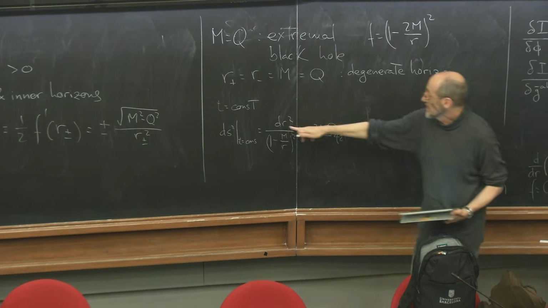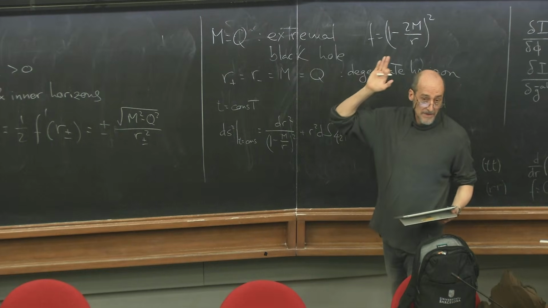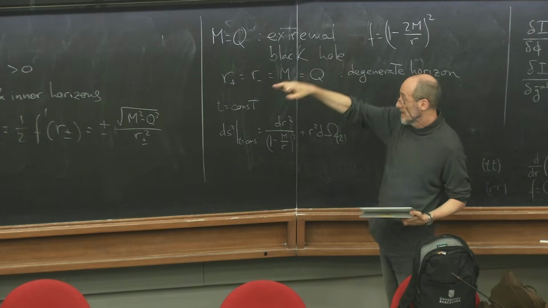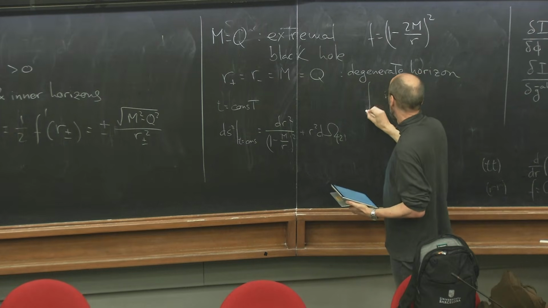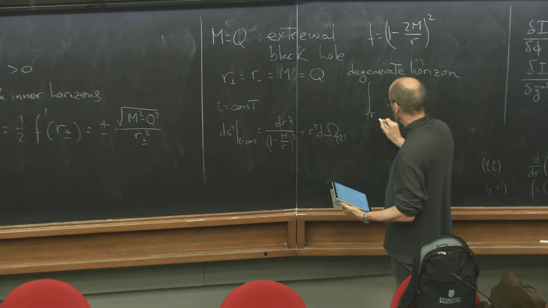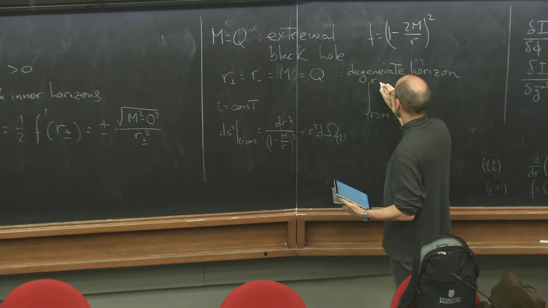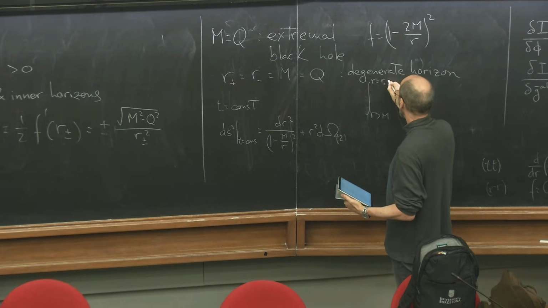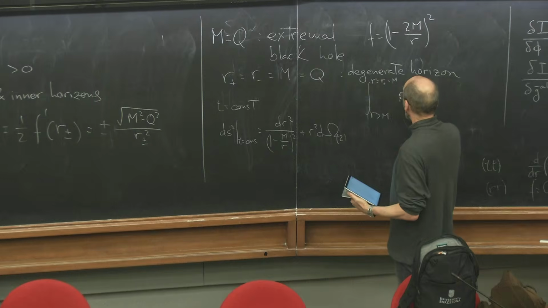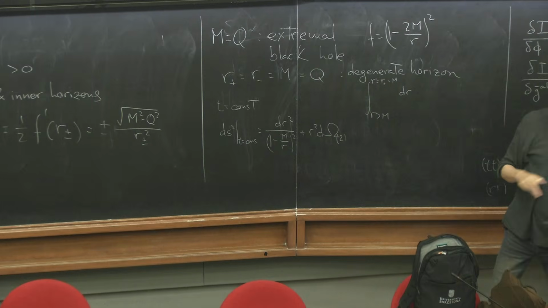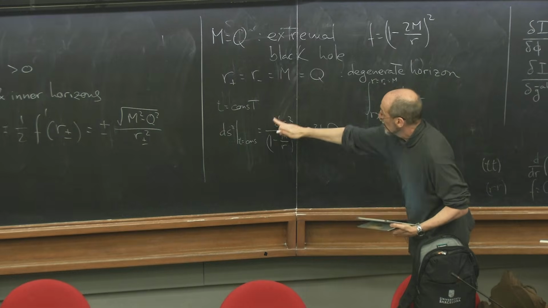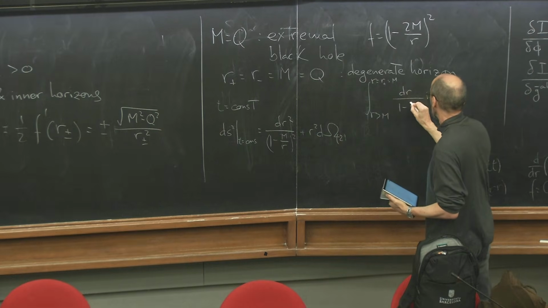Say you want to measure the distance from some radius outside the horizon down to the horizon. You start at r larger than m, and then you go to r plus equals m along a radial line, fixing the angles, and you measure the proper distance.